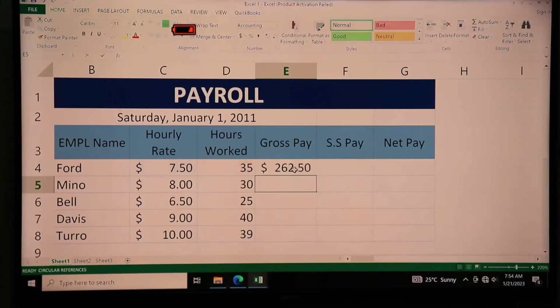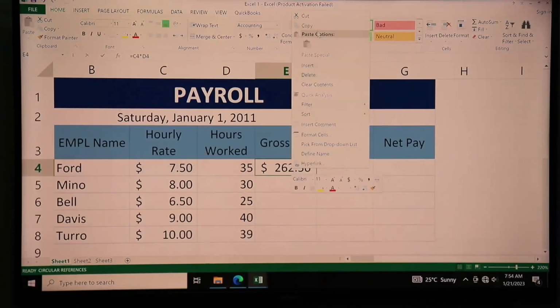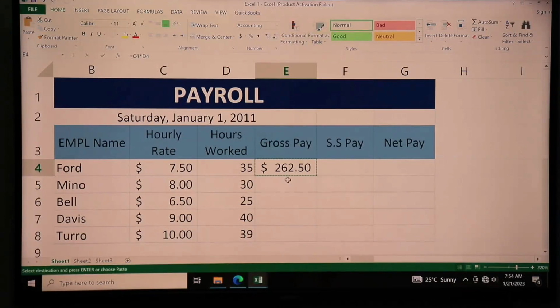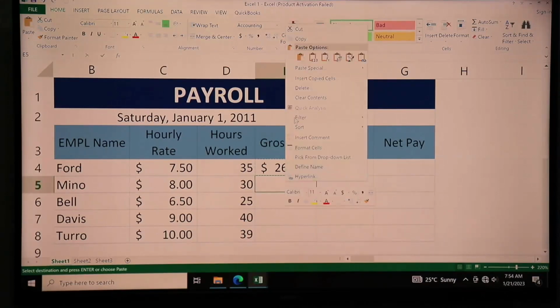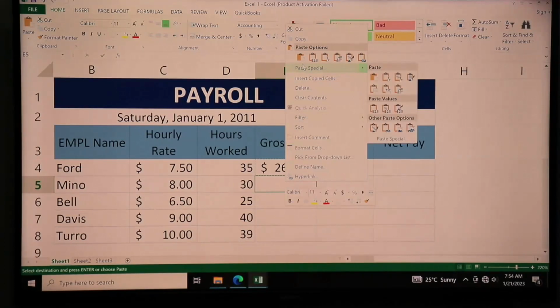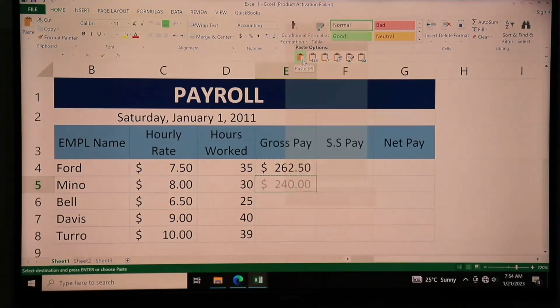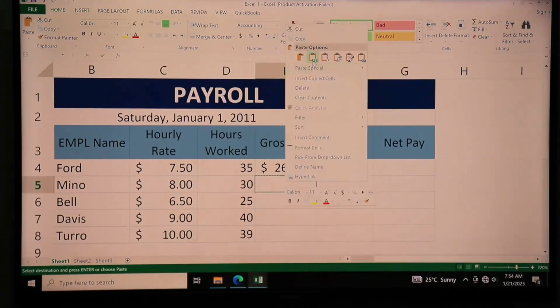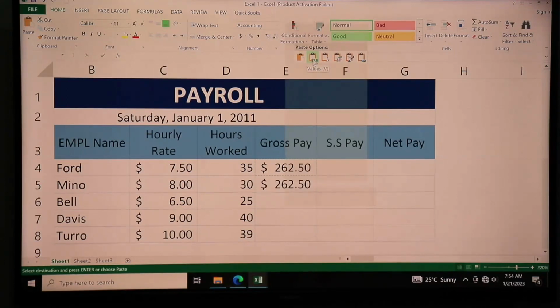But now this formula, when you copy, I right click and then copy. And then I'll paste. What am I pasting here? We have several paste options. You can paste the value, the number. You can also paste the formula. So in this case, we are pasting the formula. We are not pasting the value.